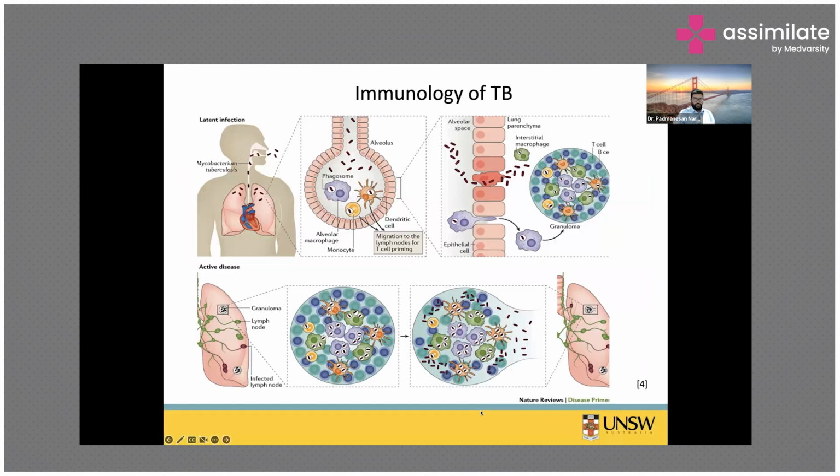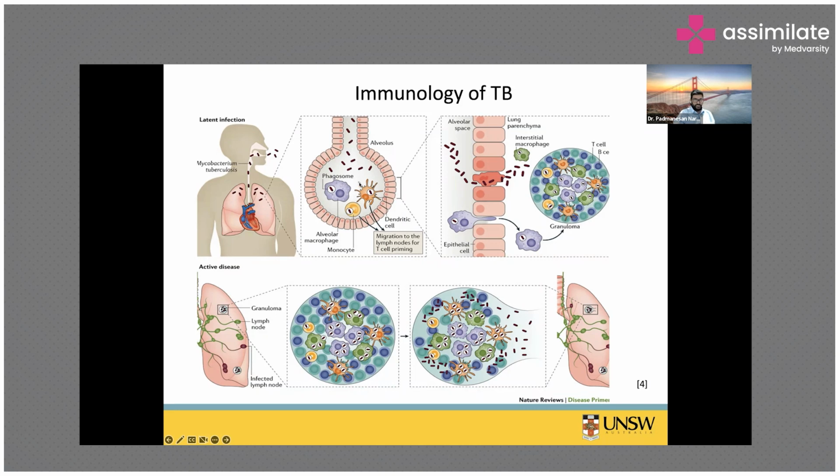This is a very important slide, and it gives you what happens when you contract TB bacilli. In the top half of the slide, you'll see a man or a woman inhaling Mycobacterium tuberculosis bacilli into the lungs.